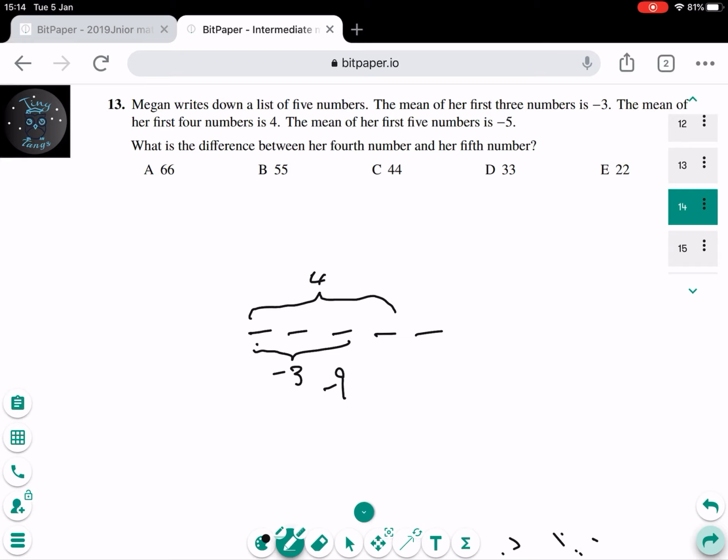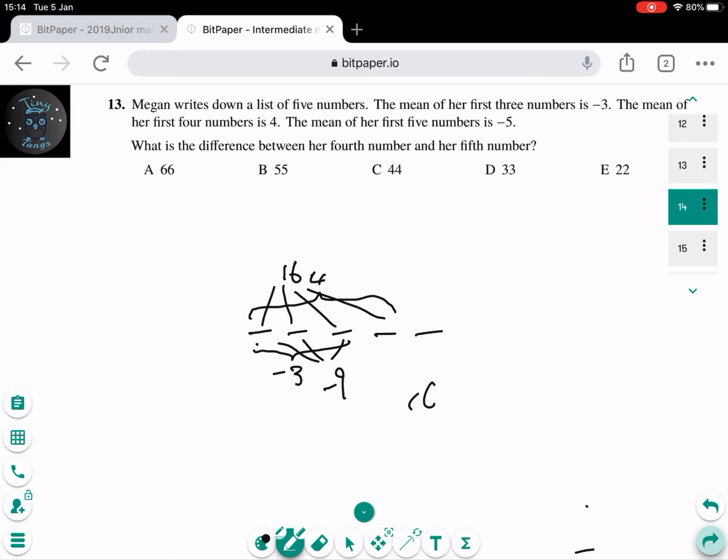And these 4 numbers add up to 4 times 4, which equals 16.